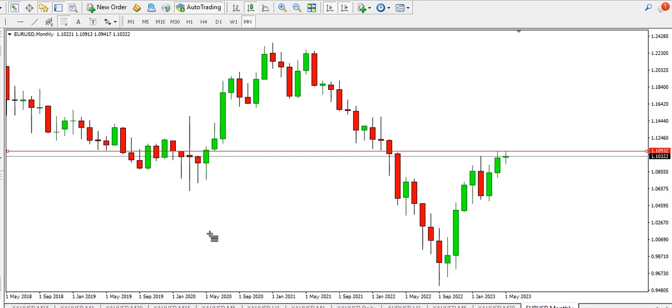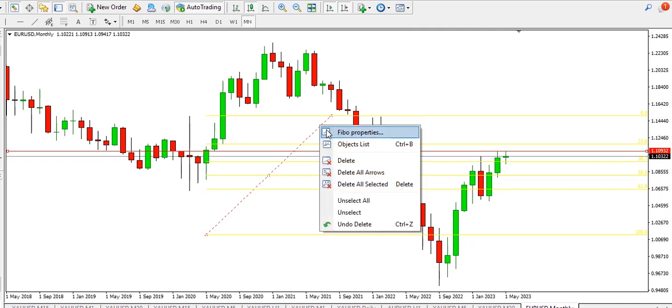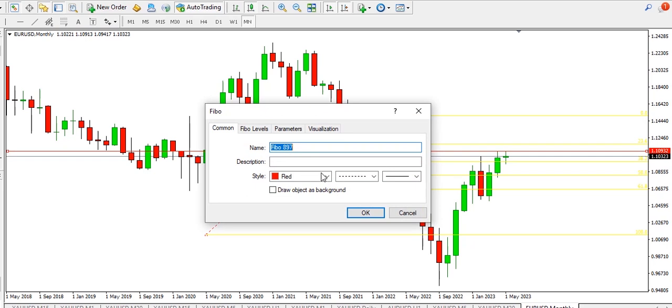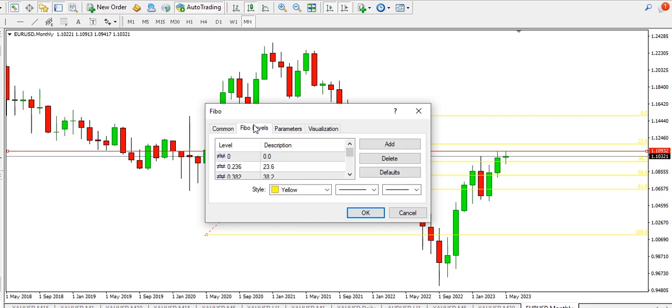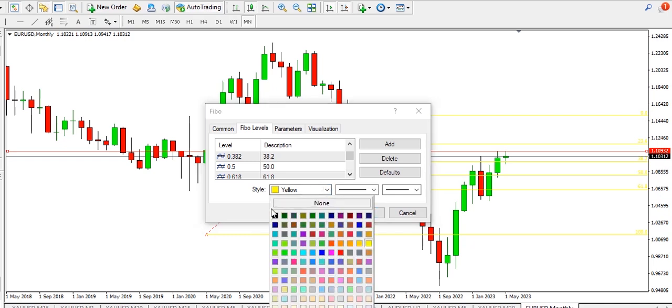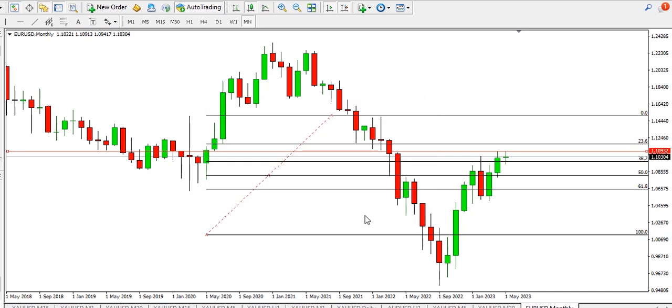Once you click on it, you can plot your Fibonacci retracement levels on the screen. I have the levels in red color. I can change the color of the levels. It's currently yellow, I can change the color to, let's say, black. So that's that for my Fibonacci retracement.